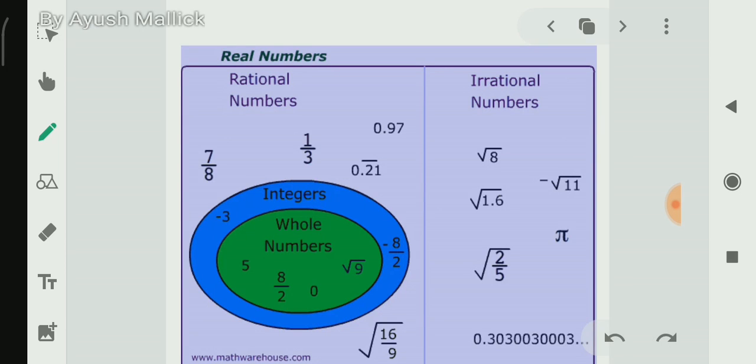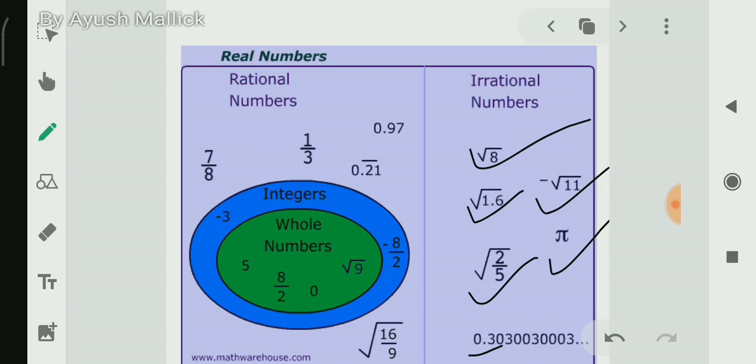Many more examples can be like root 8, root 1.6, minus root 11, root 2 by 5, pi, 0.03003003, like that.